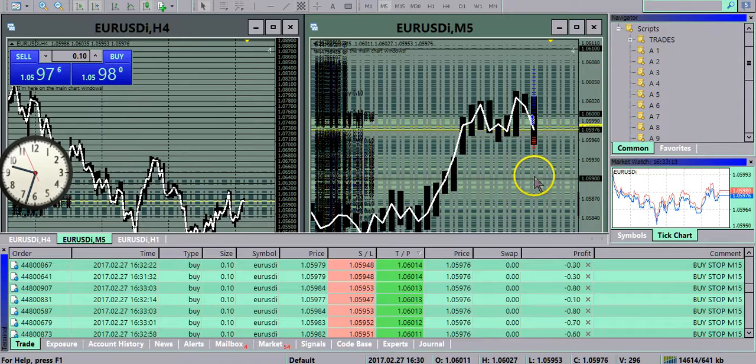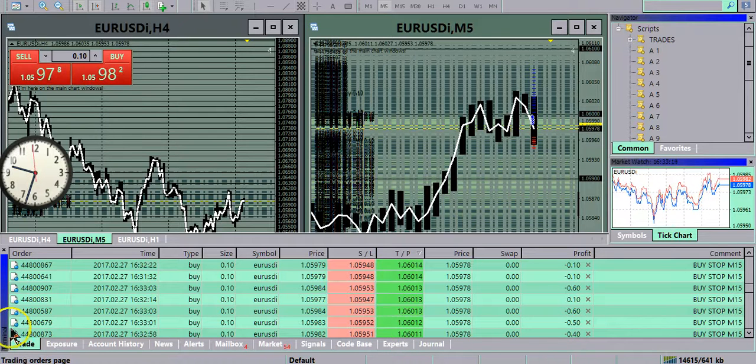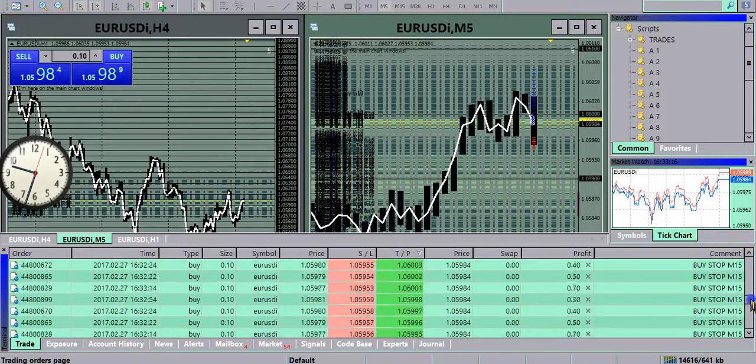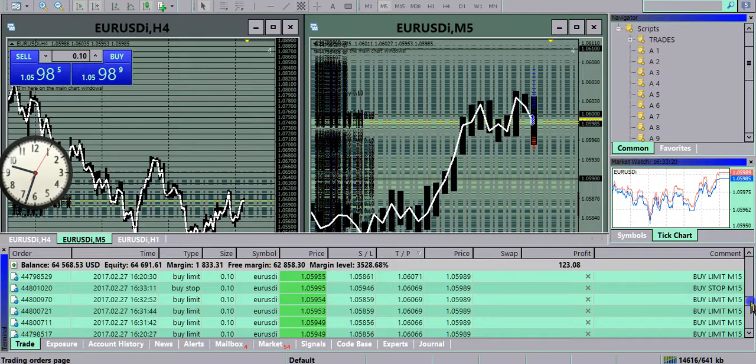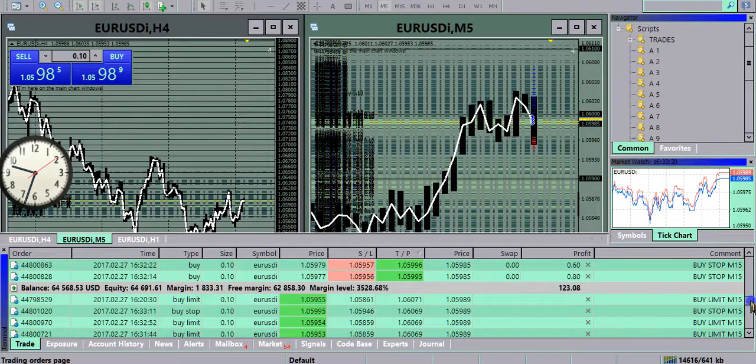Okay, I'm in some god-awfully giant position now. I'm in probably 2 million, 1.8. So 1.8 million euros. Alrighty then.